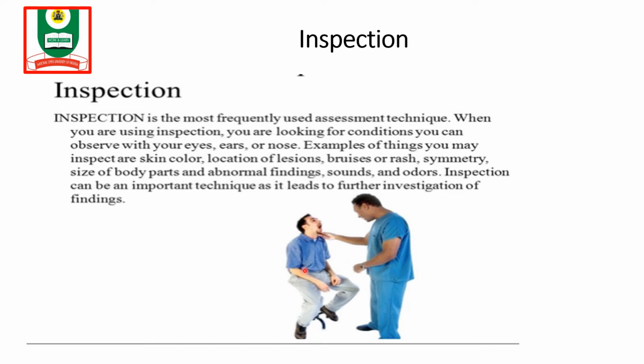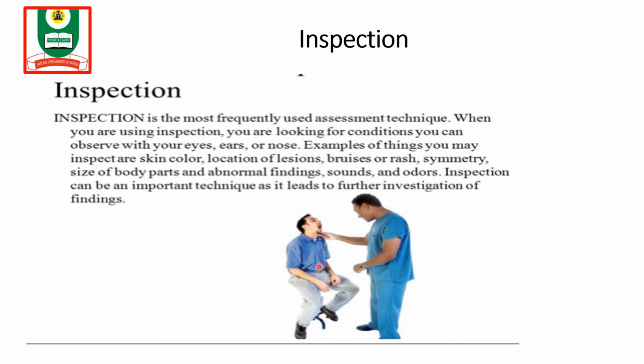Let's look at a pregnant woman where you want to inspect the abdominal cavity. After taking permission from that individual, you explain exactly what you want to do to the client, and the next thing you ask the client to do is to lie on her back. When the client lies down, you expose the abdominal region and you do your assessment.